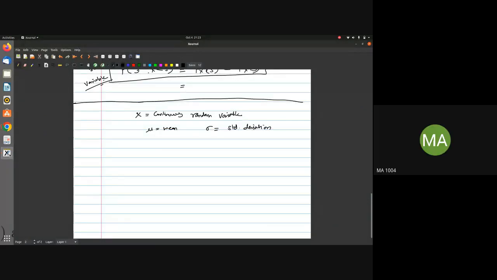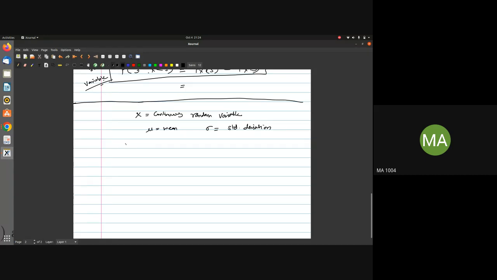That's fine, right? So what standardization means is when you want to convert any continuous random variable into a normal distribution with 0 mean and standard deviation 1. How will you do that?